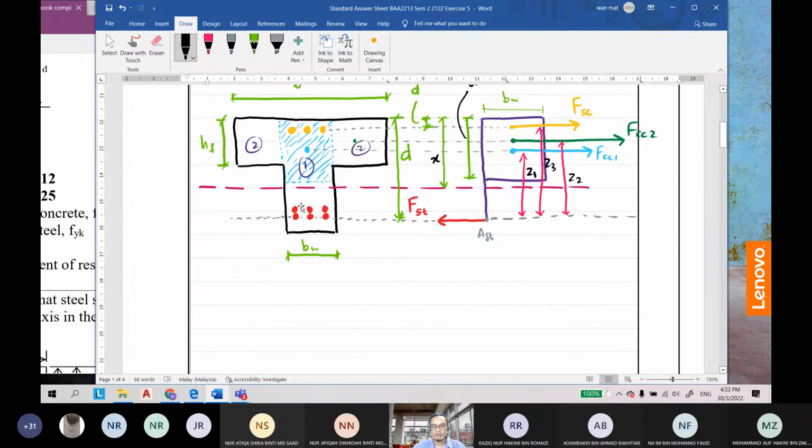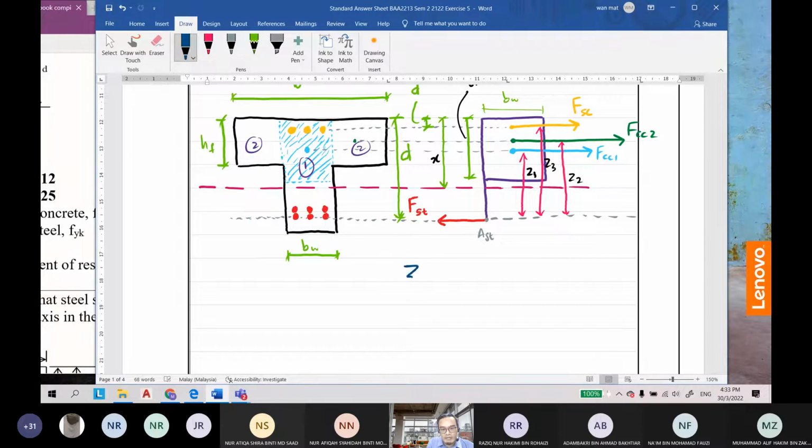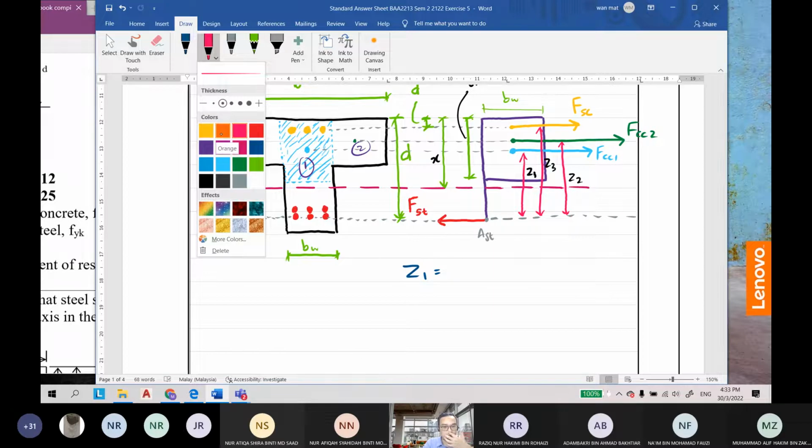So I hope we can derive. What is the value of Z1? Anybody can help me? Z1 is equal to, this is the center. I use the orange color. From here to here is D, right?